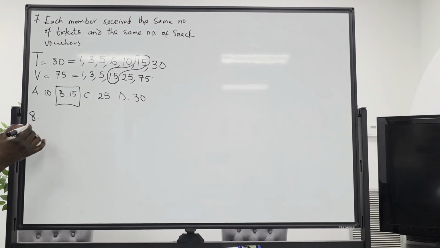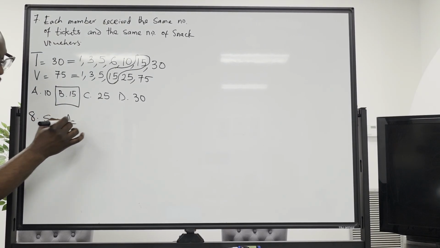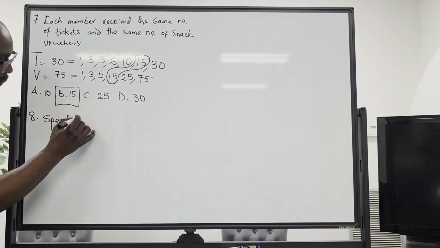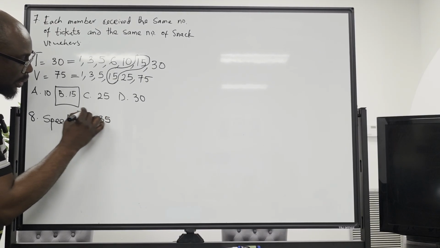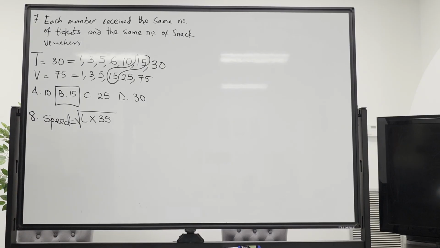All right, so they say that the way to get the speed is by multiplying the length times 35, and then taking the square root of that number. That will give you the speed. That's how you find it.